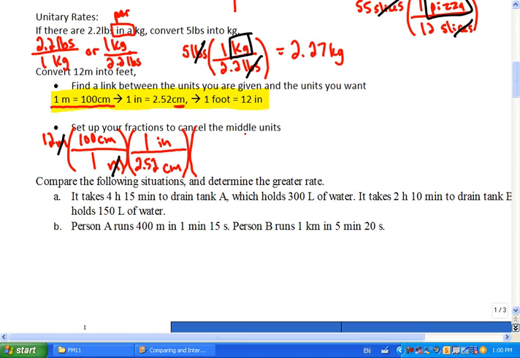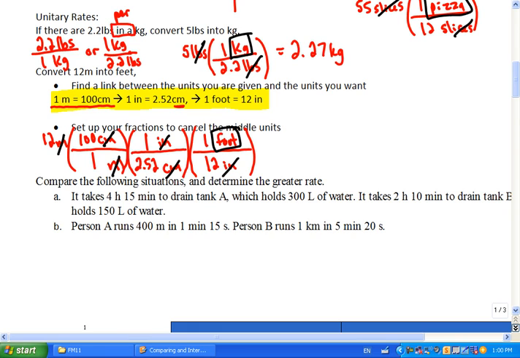What's the final fraction that I'm going to end up writing here? 1 foot, right? And 12 inches. So those units again, top and bottom, are gone because they match up, and I'm left with feet for my units.